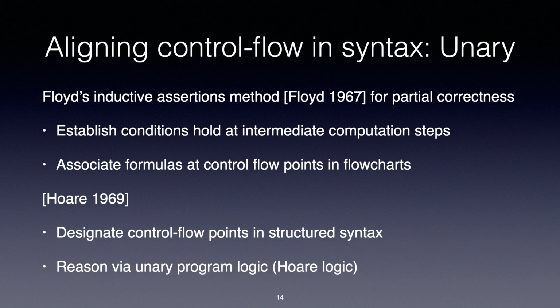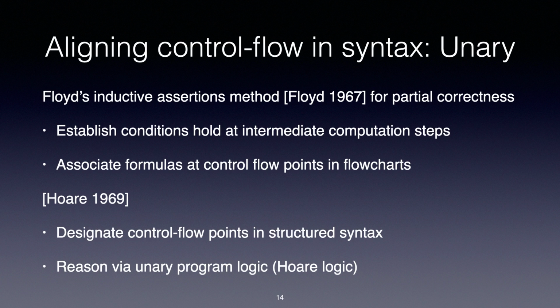Okay, so to understand alignment, it helps to go back to Floyd's inductive assertions method for partial correctness. What does it say? It says you establish that certain conditions in which you're interested hold at intermediate computation steps, associate formulas at control flow points in flowcharts.